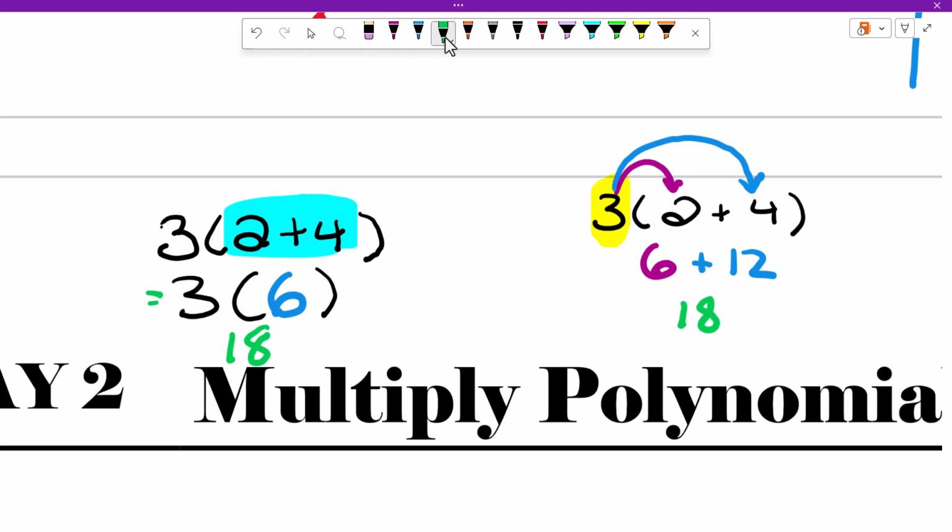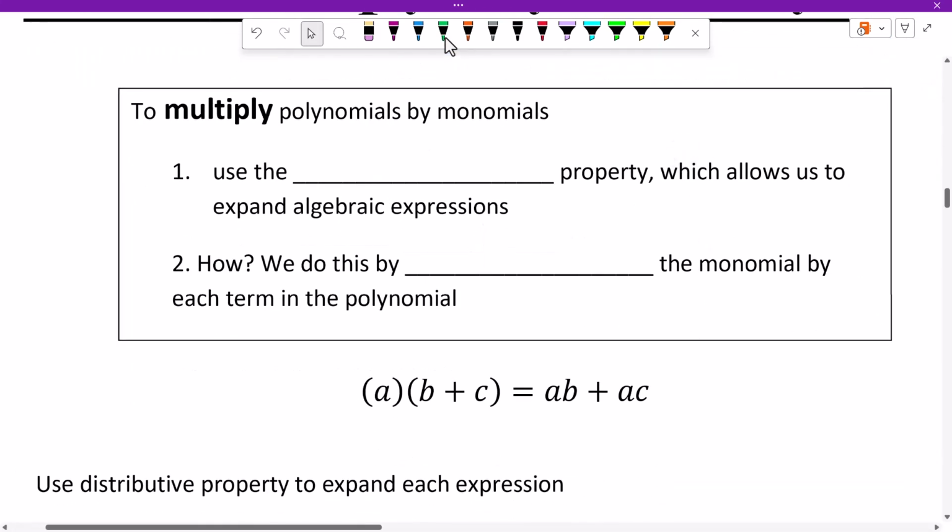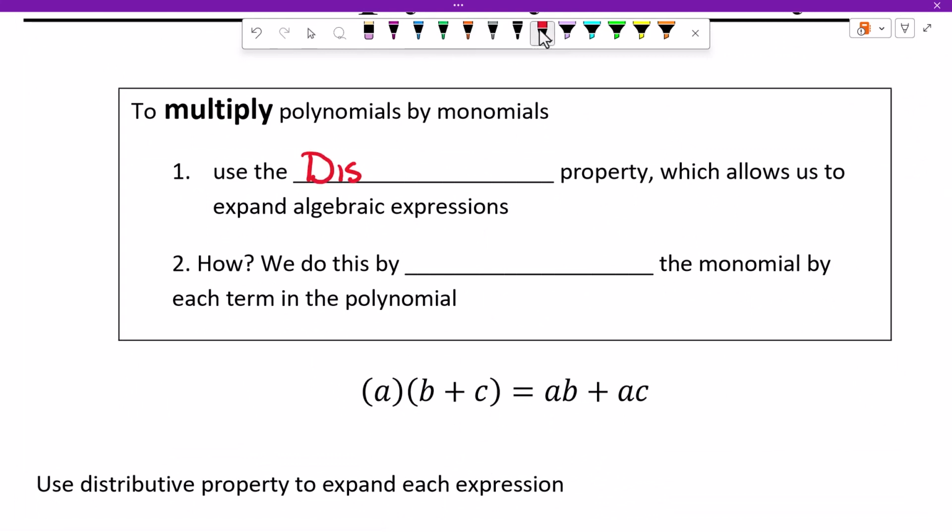Now what we have here is called the distributive property. How do we spell it? D-I-S-T-R-I-B-U-T-I-V-E. I'll let you write that out: the distributive property.